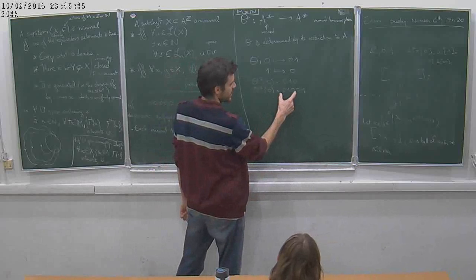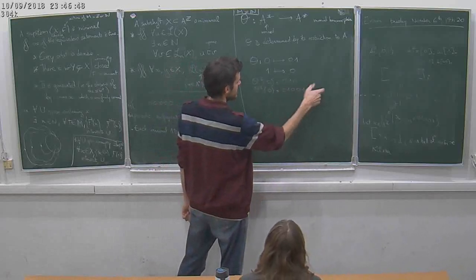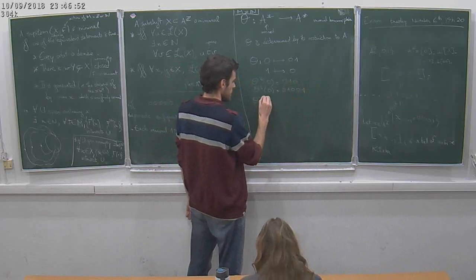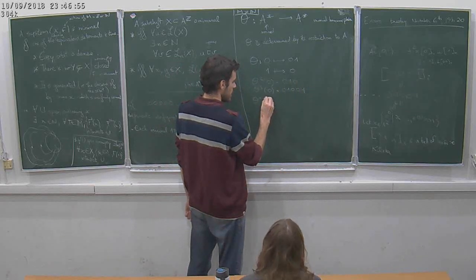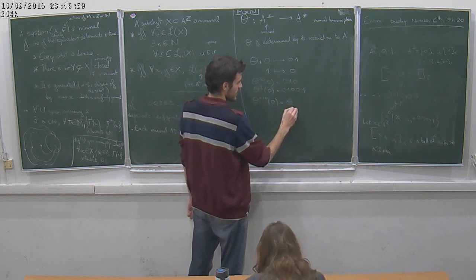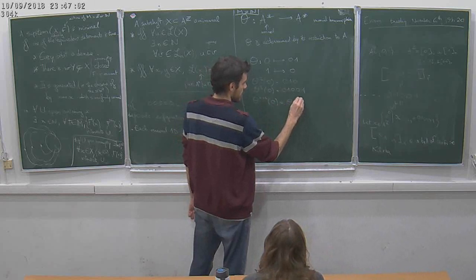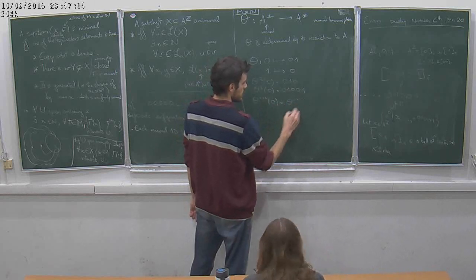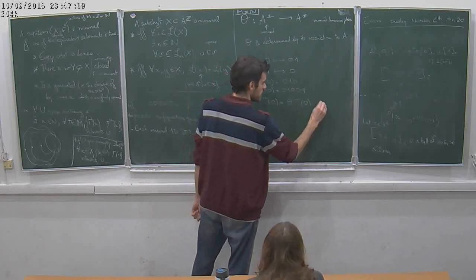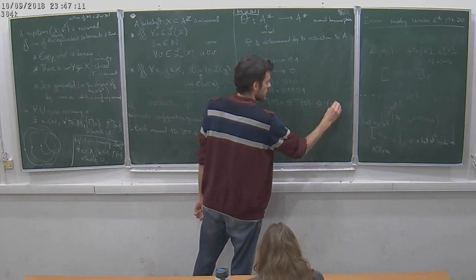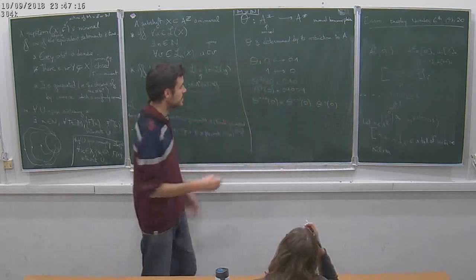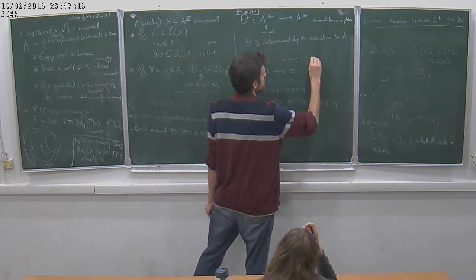So first, I'm just extending the word, but what you're saying is that theta n plus 1 of 0 is theta n of 0 concatenated with theta n minus 1 of 0. And this is why we call this substitution the Fibonacci substitution.